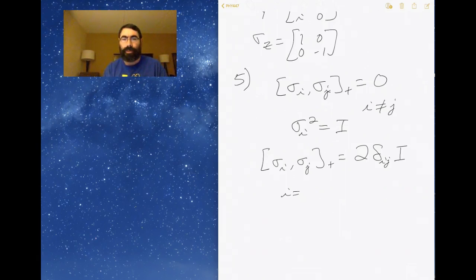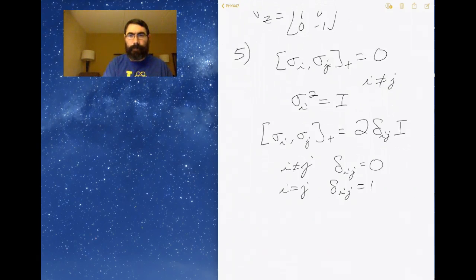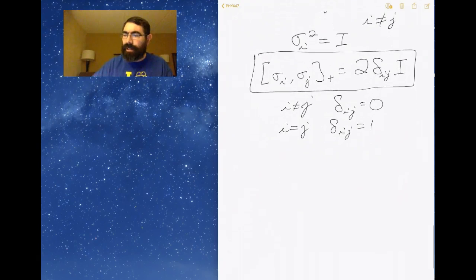And if i is equal to j, then the delta function is going to be 1. So your choices are 1 or 0. Now what we have is a more general equation for the anti-commutation relation right here.